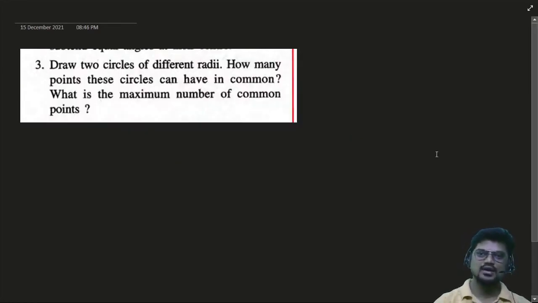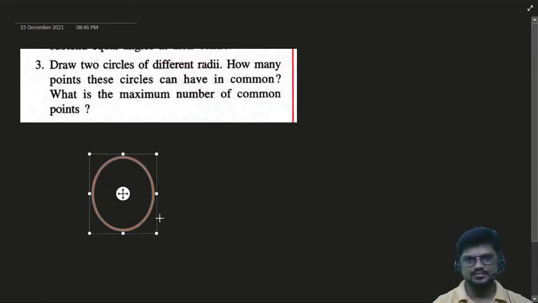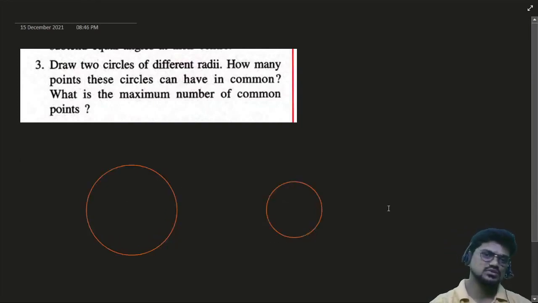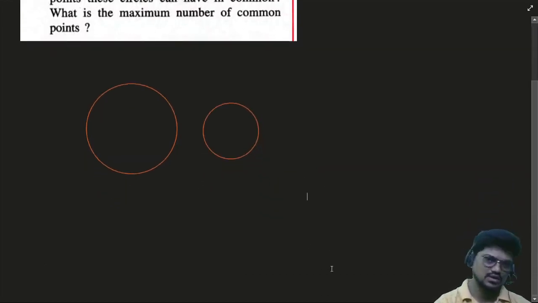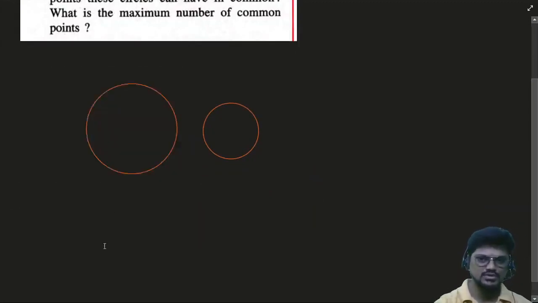Now draw two circles of different radii, they said, right? If you draw two circles of different radii, okay, these are two circles. Now, how many points these circles can have in common, and what is the maximum number of common points? Now, they can have zero points in common. Okay, this is one of the possibility.